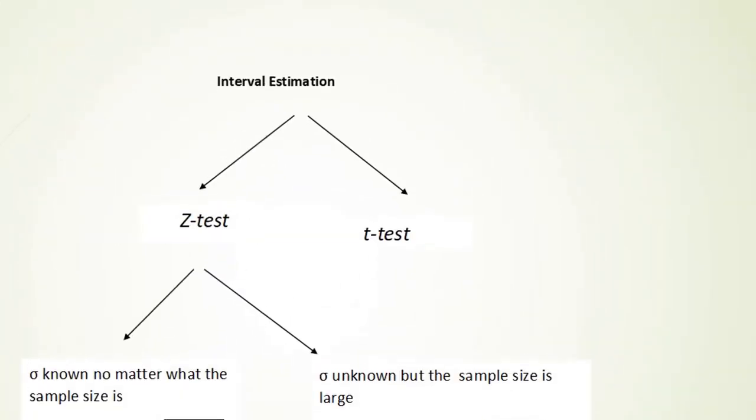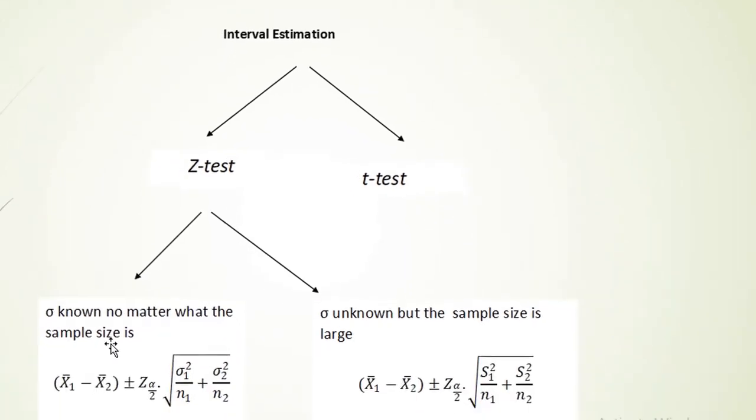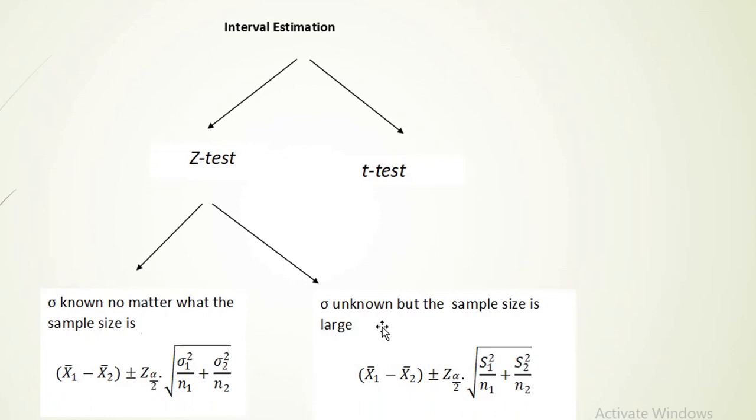Coming to the interval estimation, we again have two conditions, z test and t test. In the z test we again have to tackle two situations. Sigma unknown but the sample size is large, then we use the estimates of population standard deviation, that is capital S1 and capital S2.